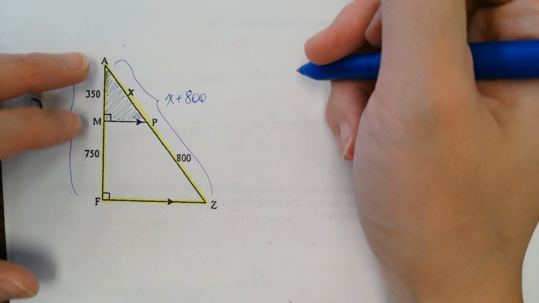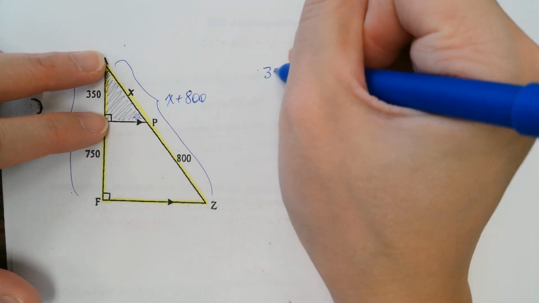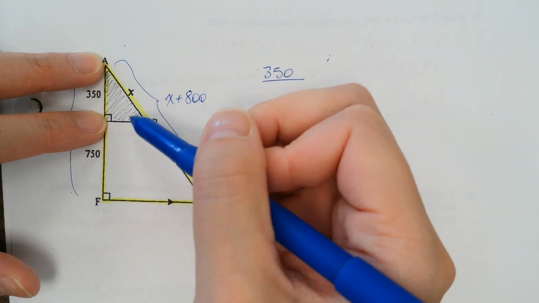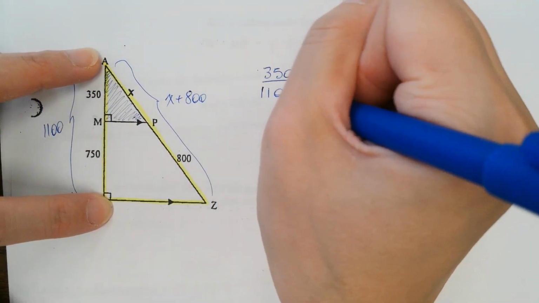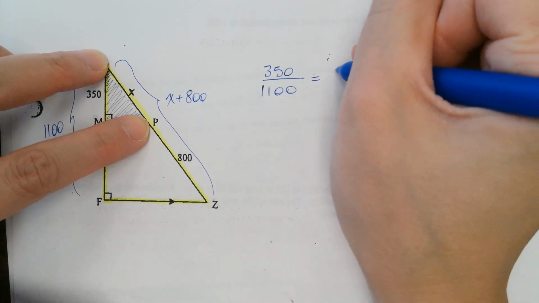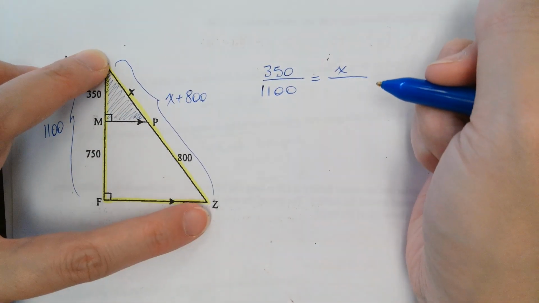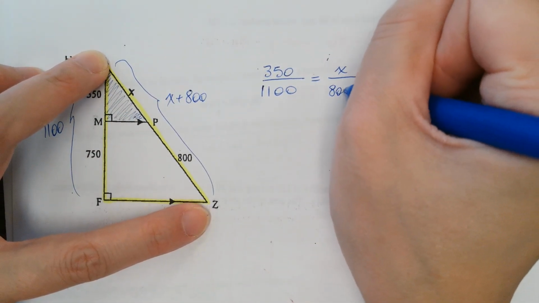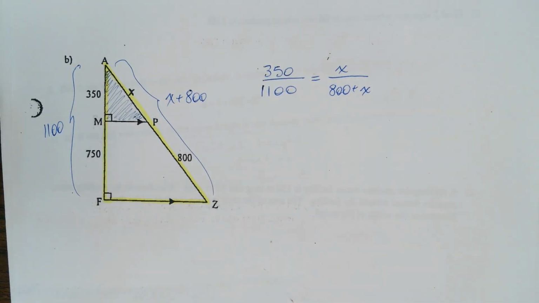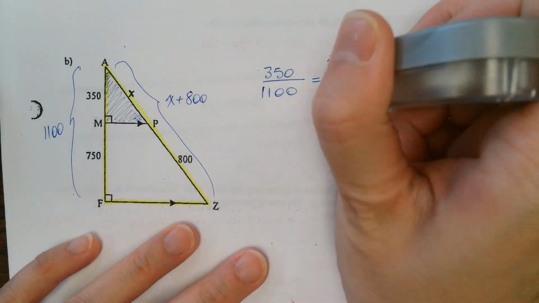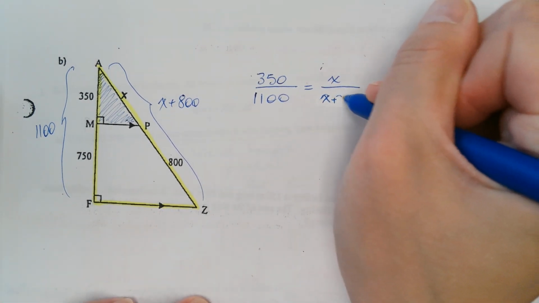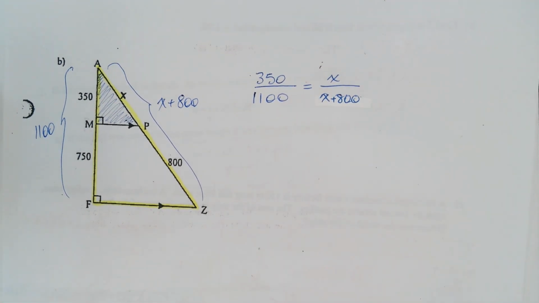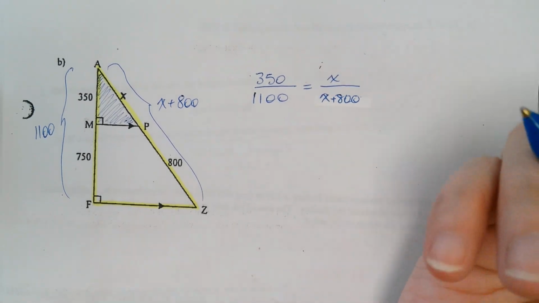So now to compare, 350, my blue triangle, to the length of my whole triangle equals the length of my small triangle over the length of my big triangle. Okay. Actually, let me write x plus 800 so I don't confuse you guys. Right, so then cross multiply and divide.